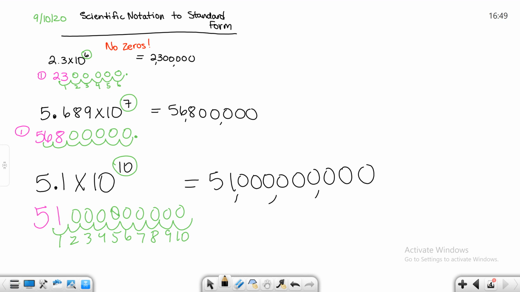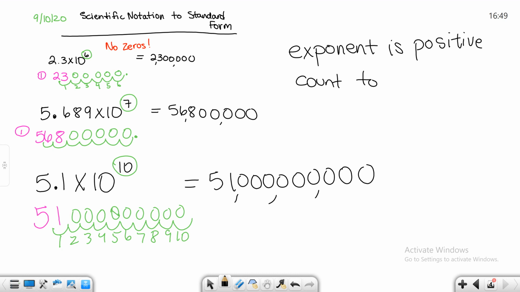So let's make a conclusion. When my numbers are large and when my exponents are positive, we are going to count to the right, because I want my number to get bigger.